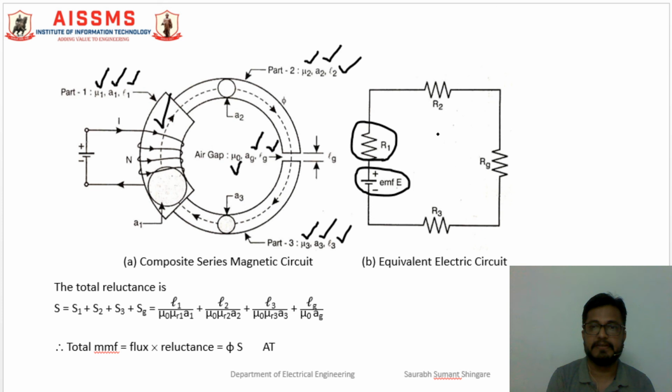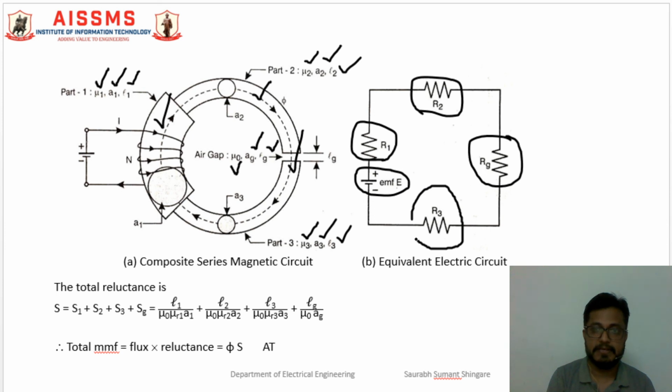R2 is similar to reluctance of part 2 of composite series magnetic circuit. Rg is similar to the reluctance of air gap, and R3 is similar to the reluctance of part 3 of this composite series magnetic circuit.